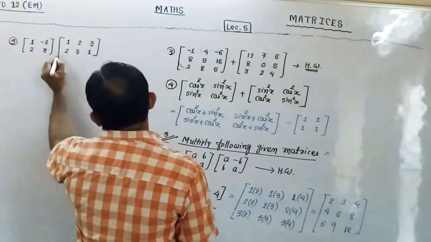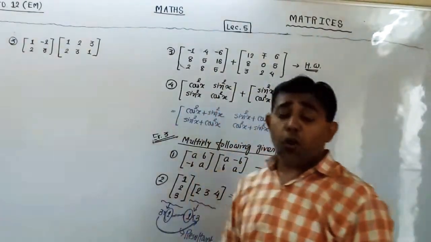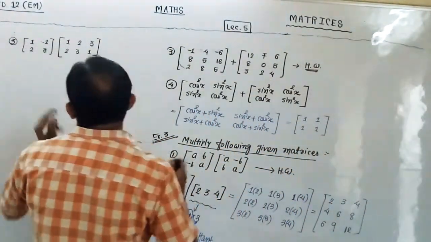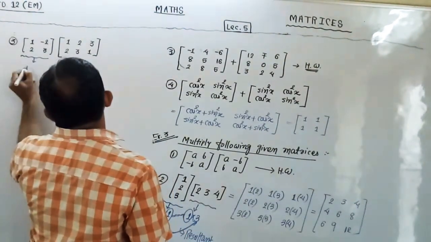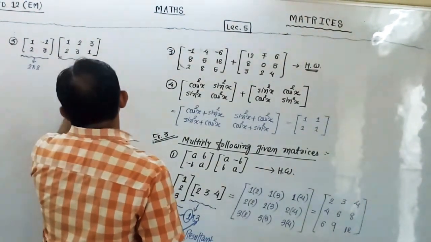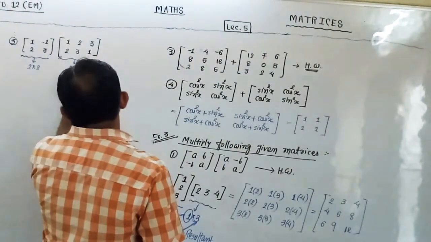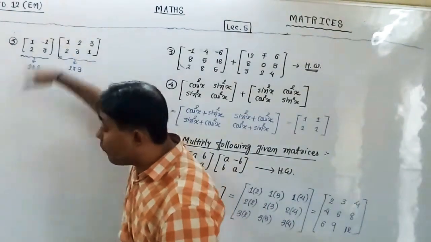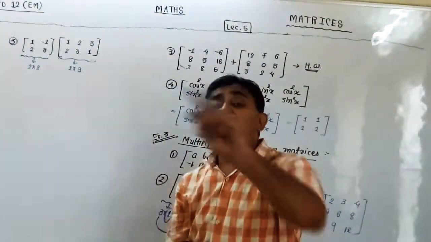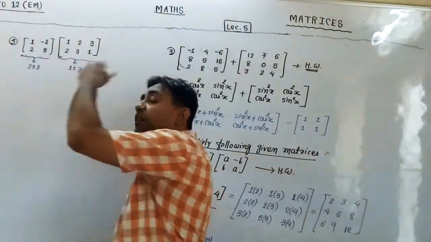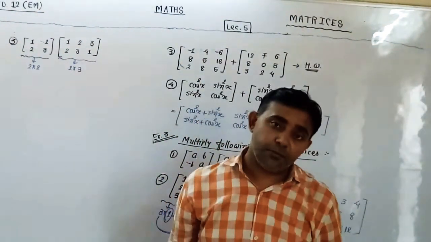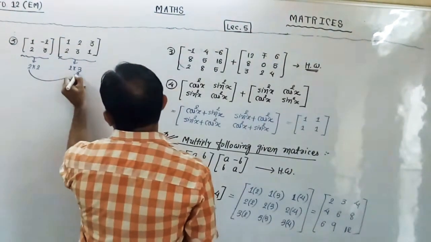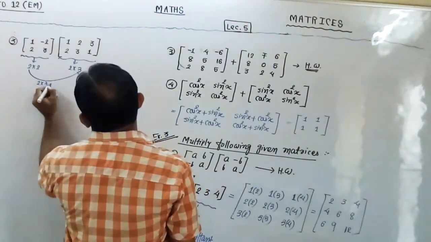First of all, we have to think whether the multiplication is possible or not. Then we try to find the multiplication. So what do you say? This matrix is 2 cross 2, and this matrix is 2 cross 3, my dear friend. Number of columns in the first matrix is the same as number of rows in the second matrix. That's why multiplication exists. And what is the resultant matrix? 2 cross 3 is the resultant matrix.